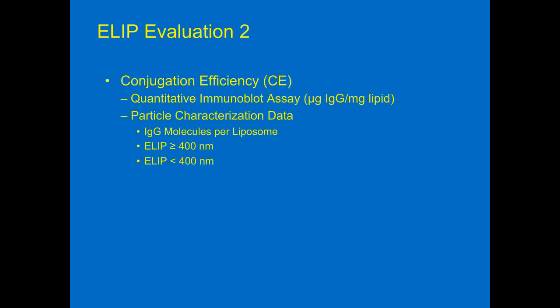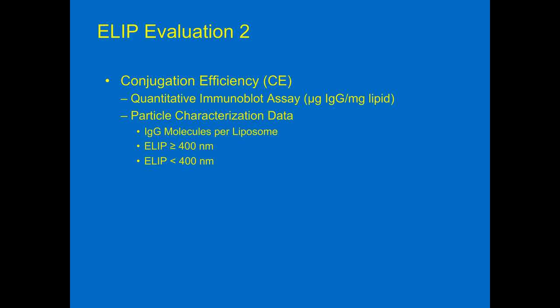And then conjugation efficiency. If you're doing targeting, you need to know exactly what your conjugation efficiency is, how much of your ligand is actually conjugated to your nanoparticle. A lot of people take a qualitative or semi-quantitative approach to these things, but it's very important to know.